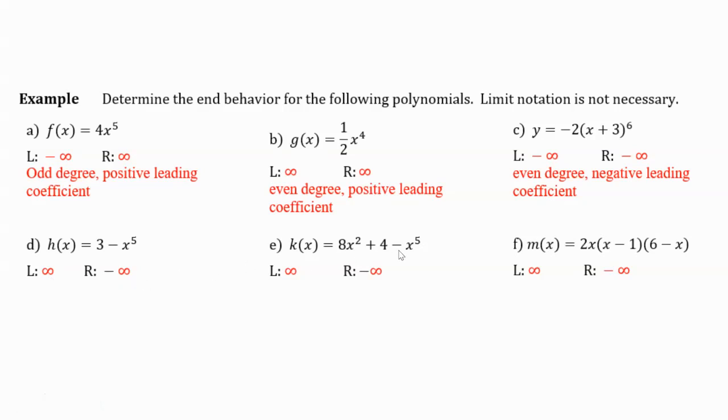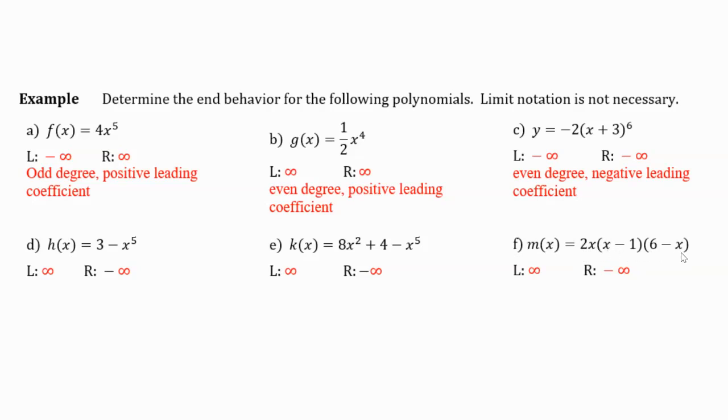E is the same. It is out of order. The lead term is this last term. So we have an odd degree with a negative lead coefficient. Positive on the left, negative infinity on the right. In this last polynomial, you would actually have to think about if you multiplied your x terms together, what your lead coefficient would be.